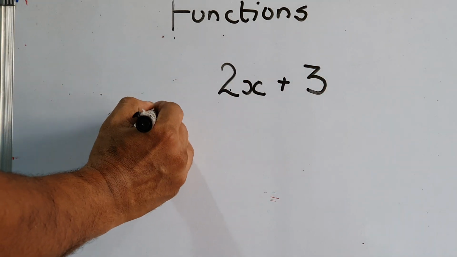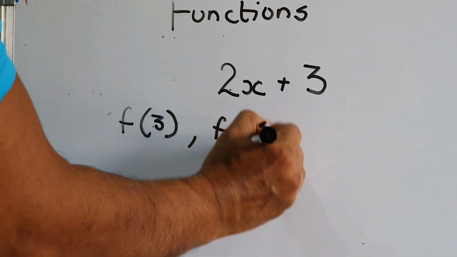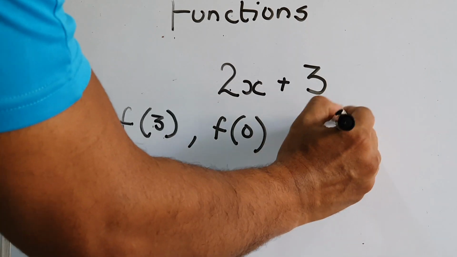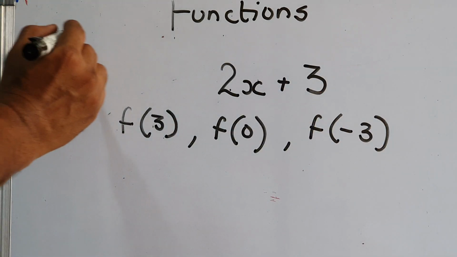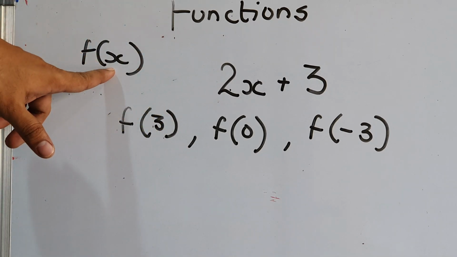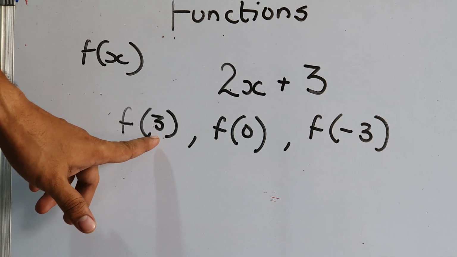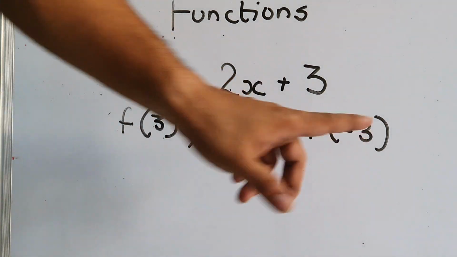They may ask you the question in board exam, say the equation is 2x plus 3, find f of 3 or f of 0 or f of minus 3. Our function is f(x) is equal to something, but now instead of x they have substituted x as 3, x as 0 and x as minus 3.